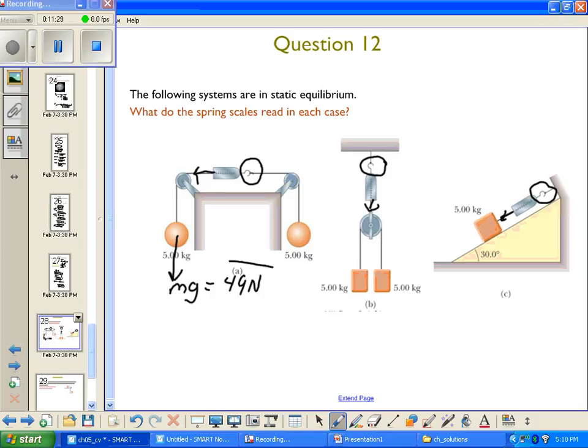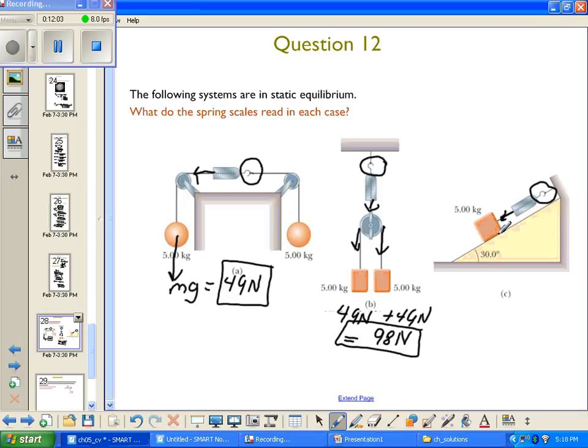So in the first case, the spring scale reads 49 newtons. In the next case, you can see that we have the pull that is occurring due to both blocks, each of which has a weight of 49 newtons, giving us a total force of 98 newtons. And in fact, this is what the spring scale reads in the second case.